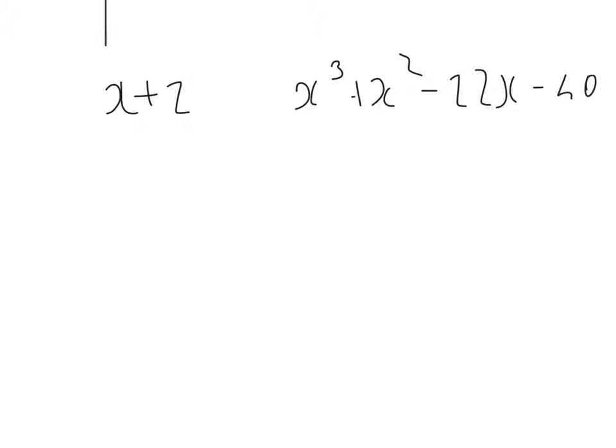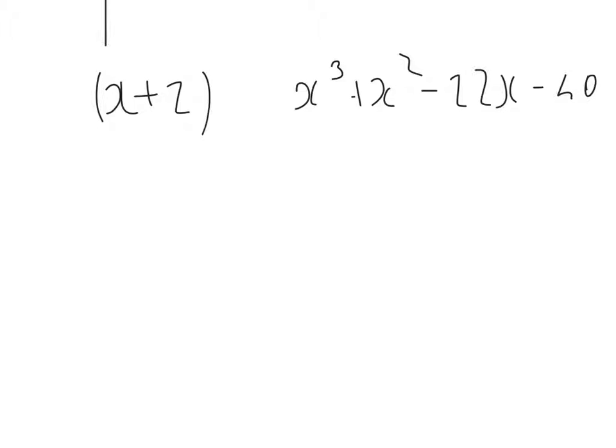Okay, we're going to do some synthetic division and factorise some polynomials. And the question, for example 1, says, show that x plus 2 is a factor of x cubed plus x squared minus 22x minus 40.